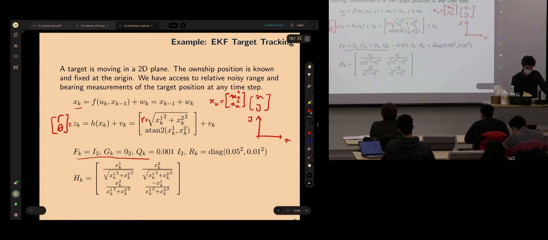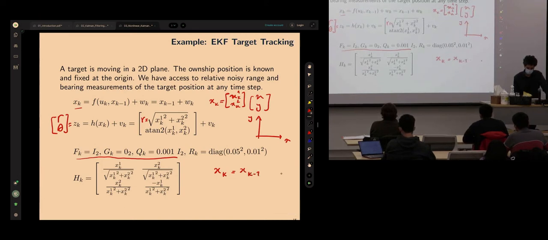The prediction is the same. We do not have a model for how the target is moving. So my transition model basically is xk equals xk minus 1. That's it. F is the identity, G is 0.